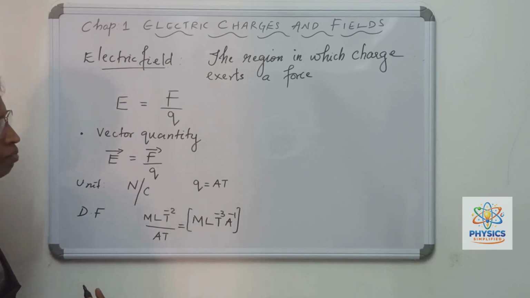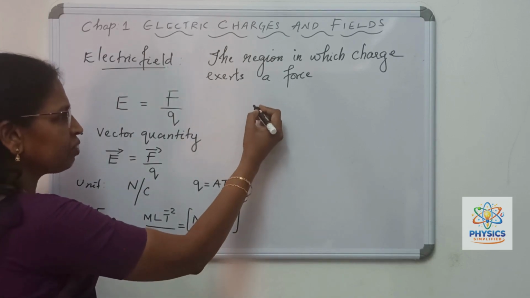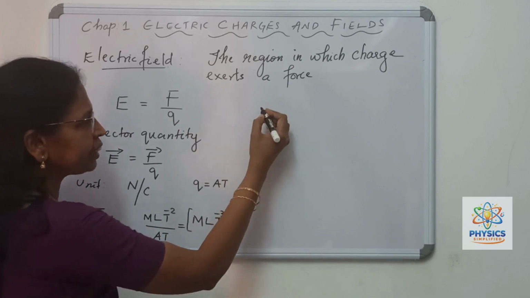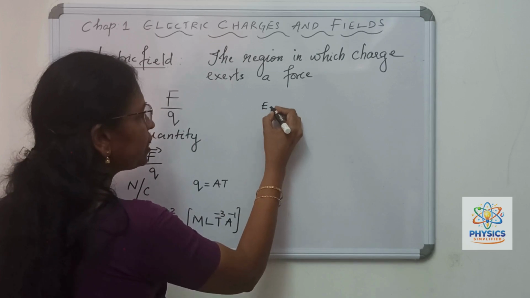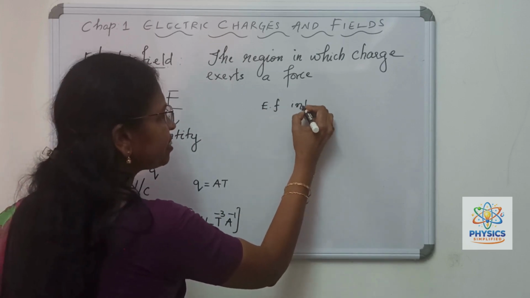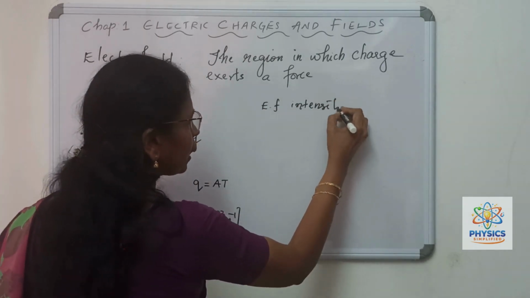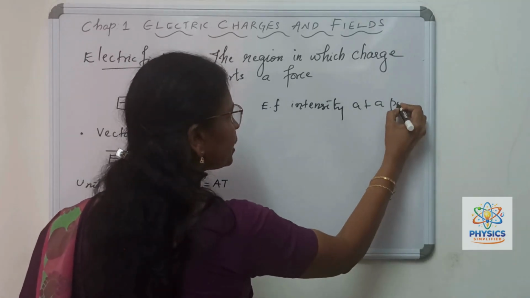And next we have to write the equation of electric field intensity at a point due to a charge.